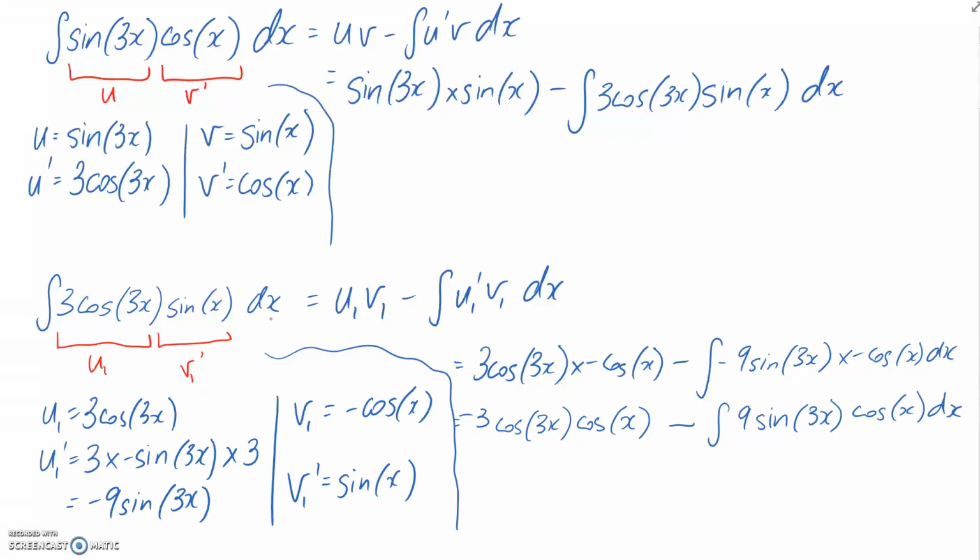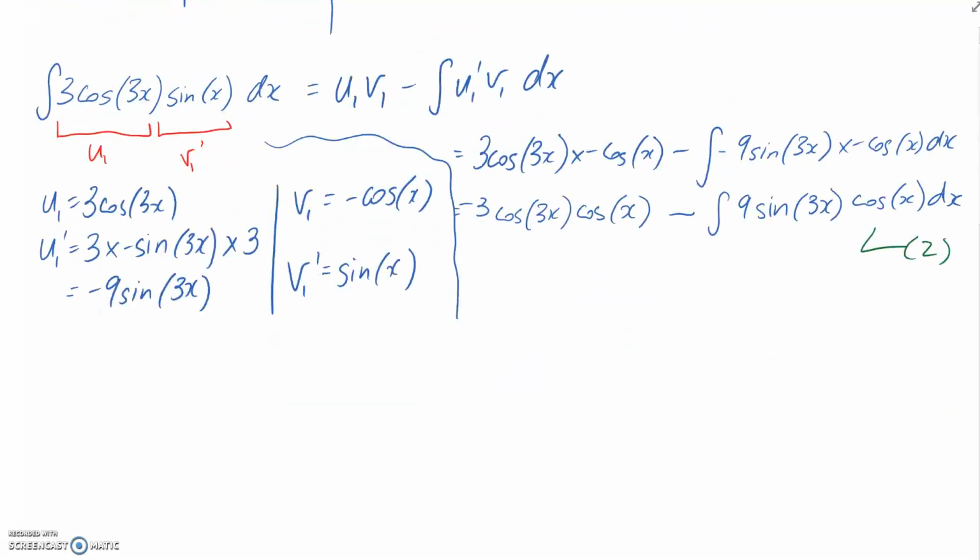So all of this here can be substituted in for the integral which was up here. If I call this equation 1, and we'll call this equation 2, what I should be able to do is substitute this back up here. So I'm going to copy this across.